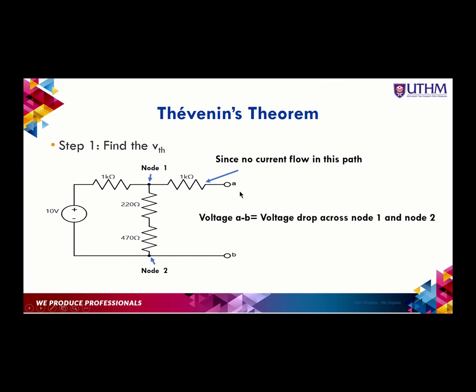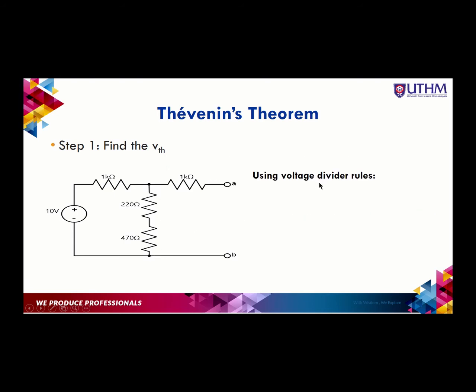So we can say the voltage across port AB is equal to the voltage drop across node 1 and node 2. Using the voltage divider rule, we can easily determine V Thevenin, which is the voltage drop across the 220 and 470 ohms.